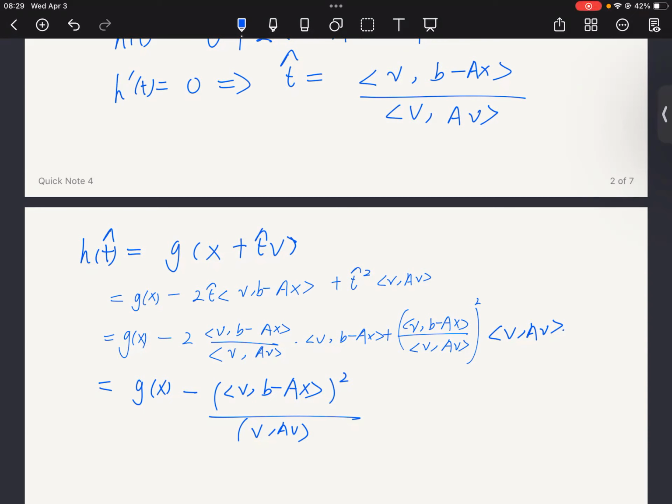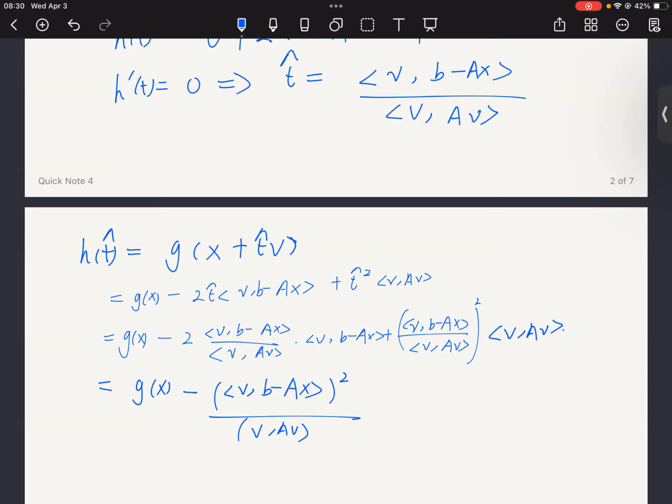So what does it mean here? If you take a look, this one is always positive, because A is a positive definite matrix and v is non-zero. And this one is always non-negative, right?